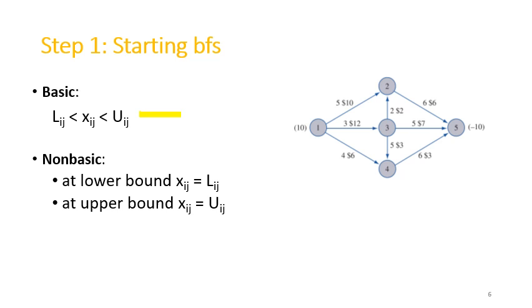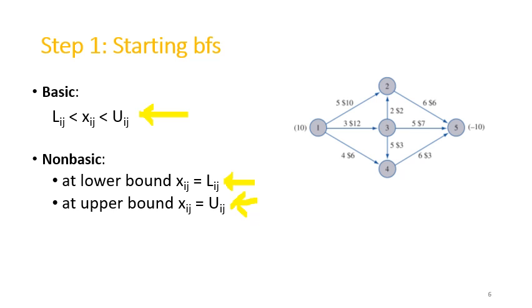Because if the value of a variable equals the lower bound, it is a non-basic variable. If the value equals the upper bound, it is also a non-basic variable. So the only way for a variable to be basic is that its value must be in between the lower bound and the upper bound.